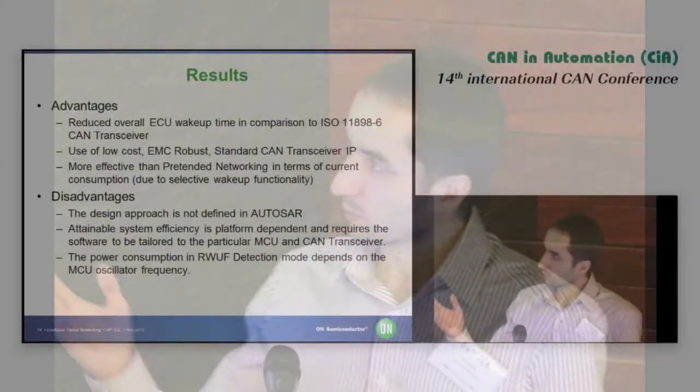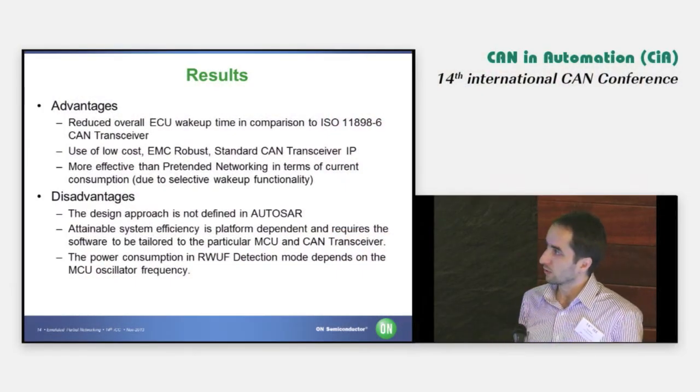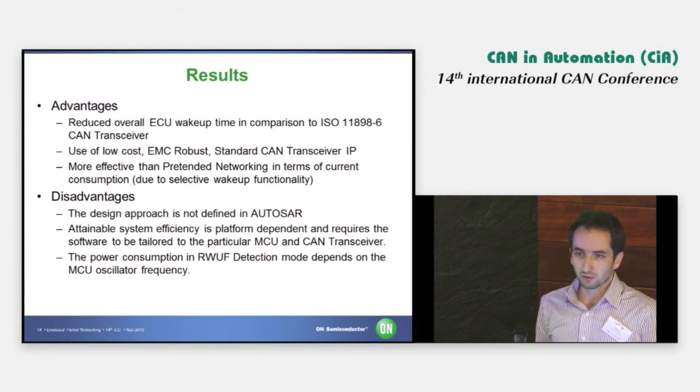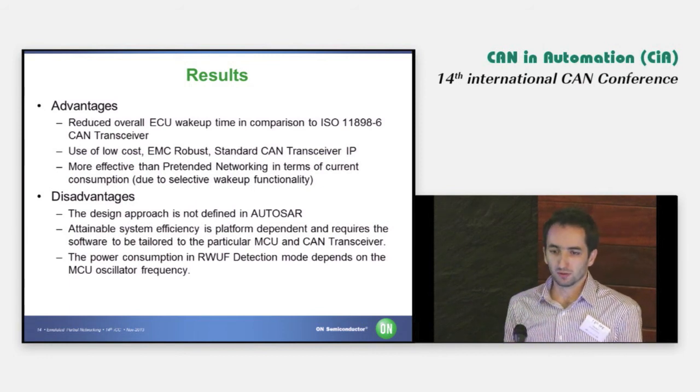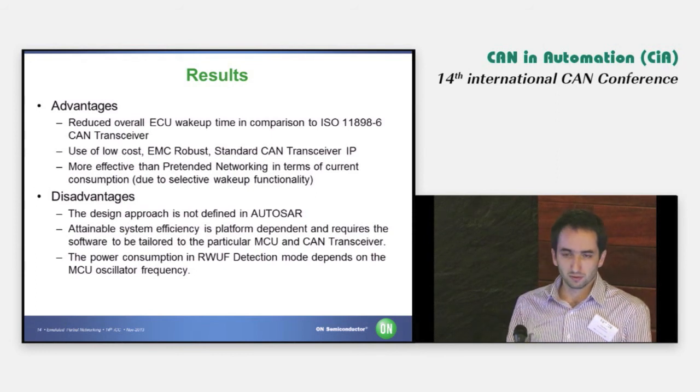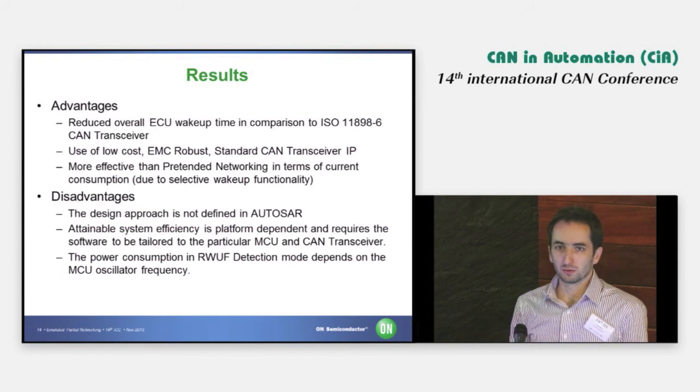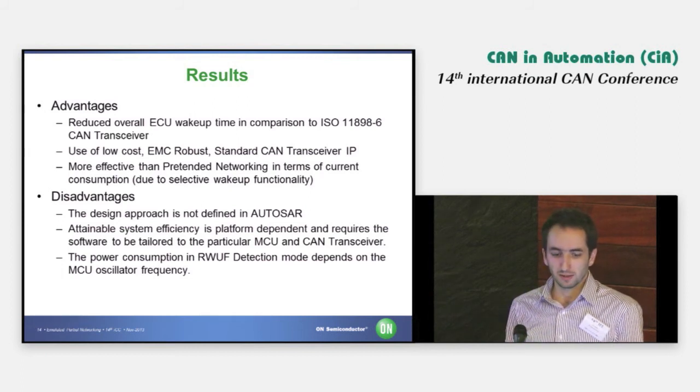Well, we have a few advantages and a few disadvantages with this method. The main advantage is that you really don't need this special CAN transceiver, and the overall wake-up time is reduced in comparison to the ISO 11898 requirement.